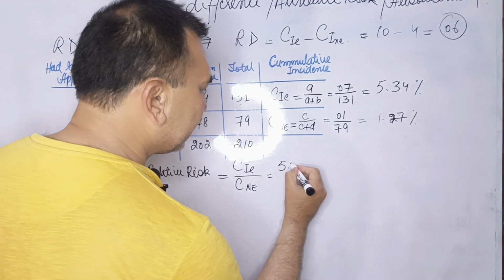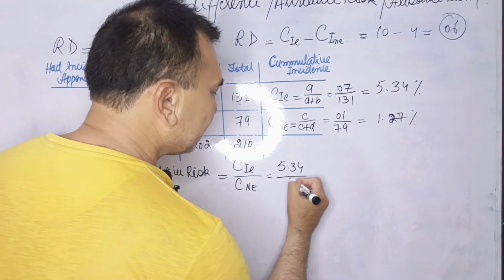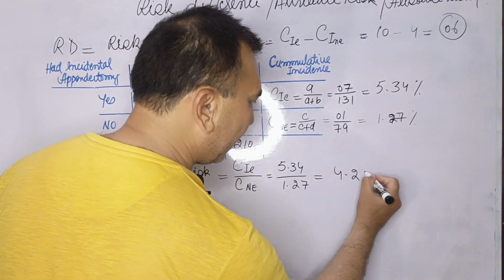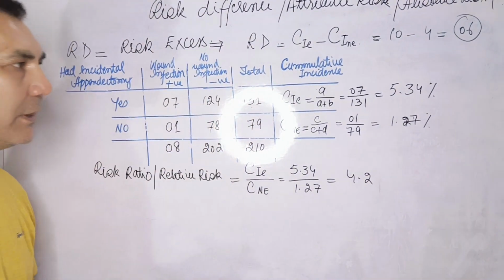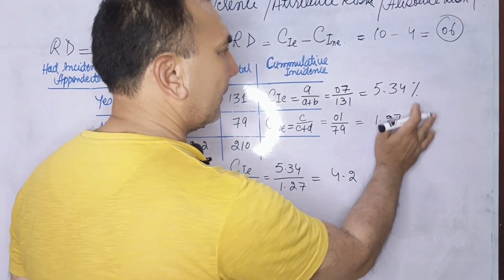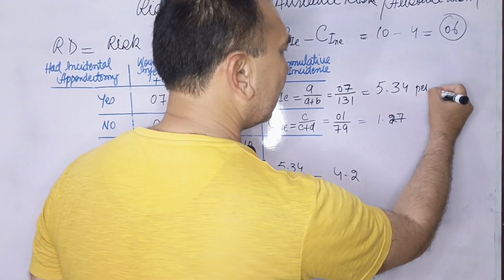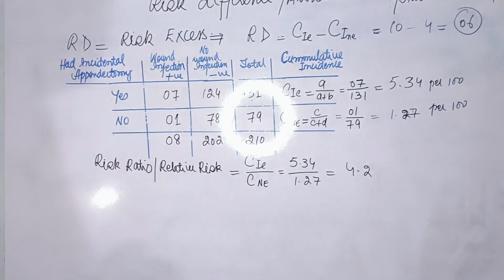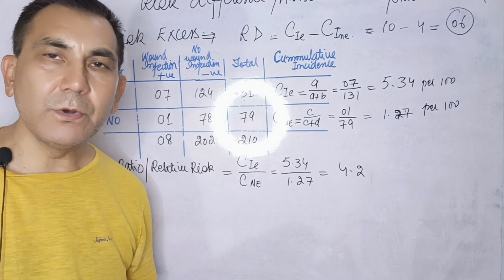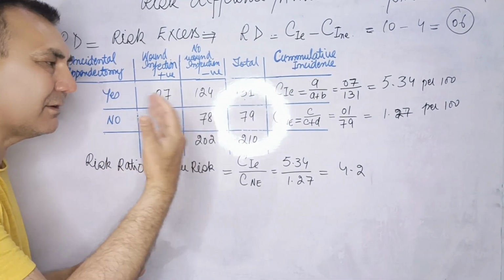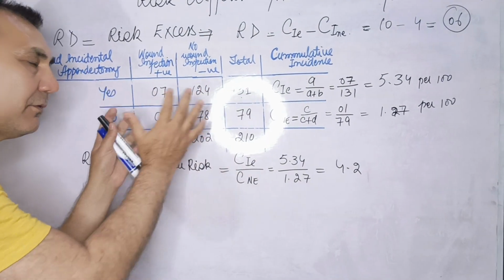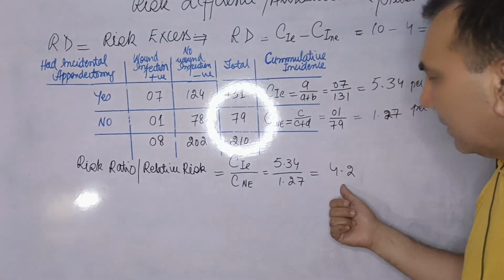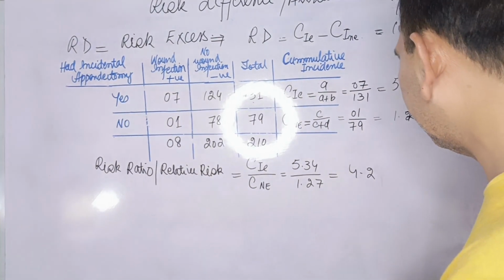So 5.34% divided by 1.27 comes out to 4.2. So 4.2 is the relative risk, or the risk ratio, which we calculated for this scenario. What is the interpretation for this 4.2?